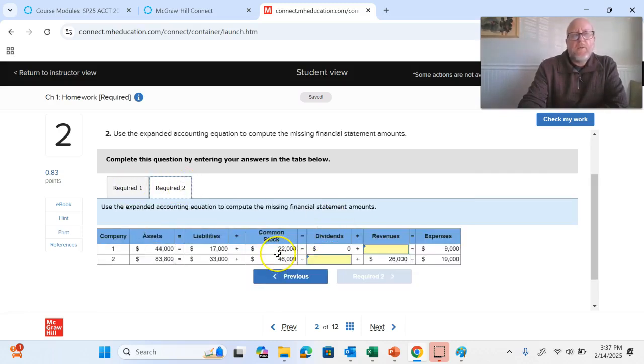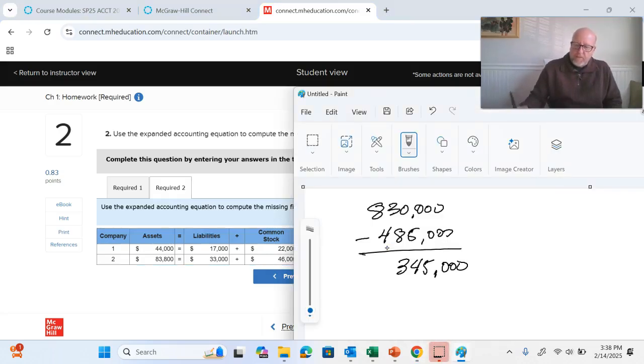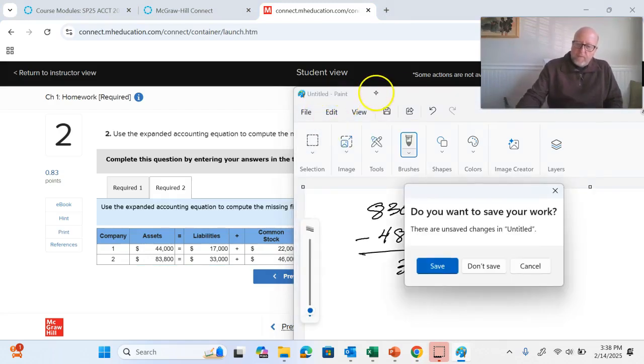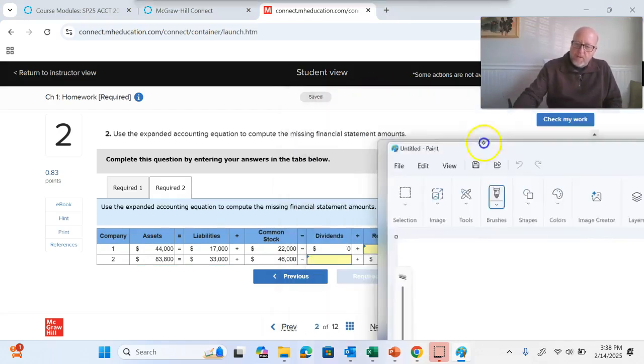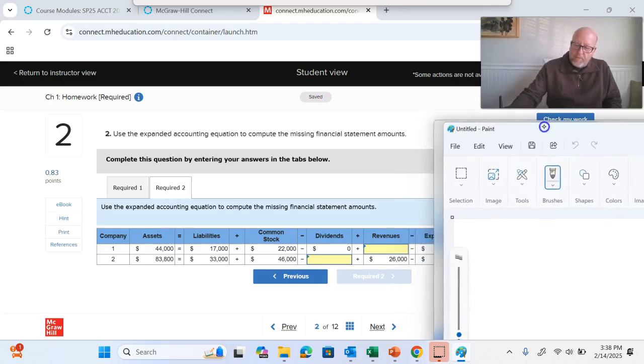All right, requirement 2 looks a little bit more complicated, and I'm glad I clicked on this. So now we know assets equal the combination of liabilities plus equity. And in this particular question, at least the first one, they're asking us to derive revenue. And so I think what I would do is start by figuring out what equity is first.